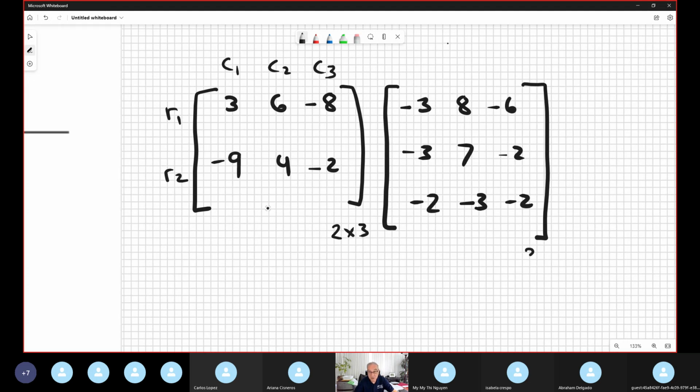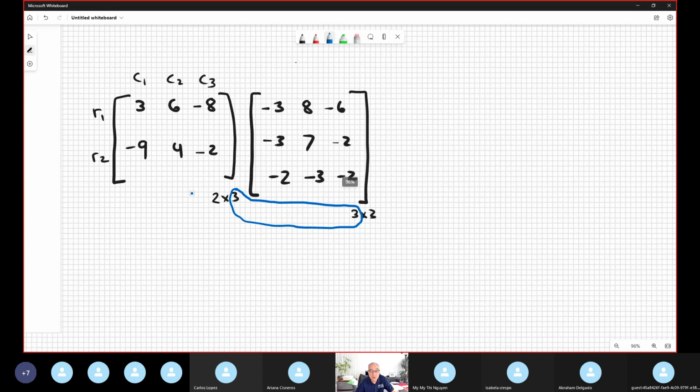And this one is totally square, 3 rows, 3 columns. And remember, this number and this number must be the same. If it's the same, it's possible doing the multiplication. If it's different, it's impossible.